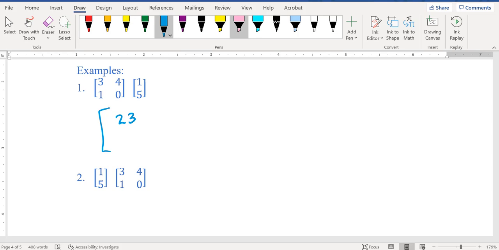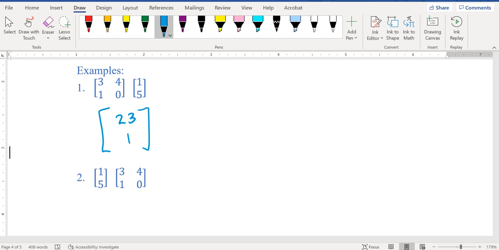For the second row, I'm going to do this row times that column. 1 times 1 plus 0 times 5. 1 plus 0 is 1. My answer is the 2 by 1 matrix with first row 23 and second row 1.